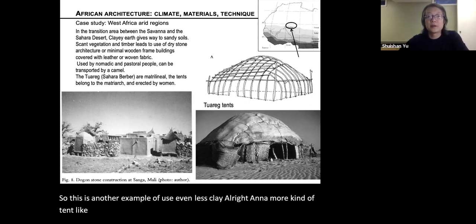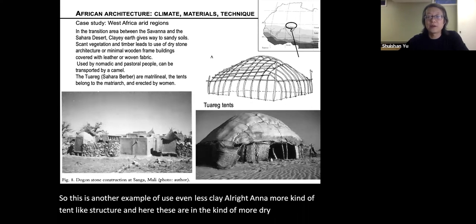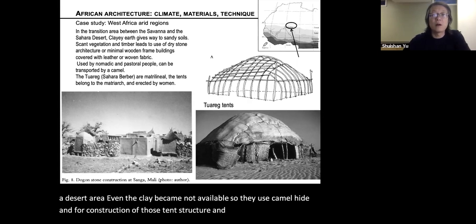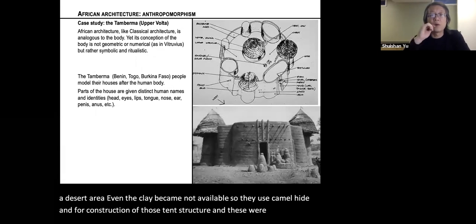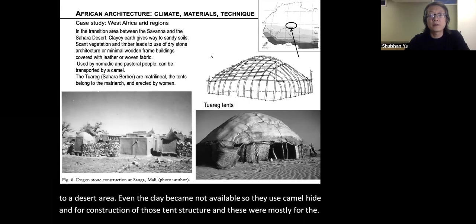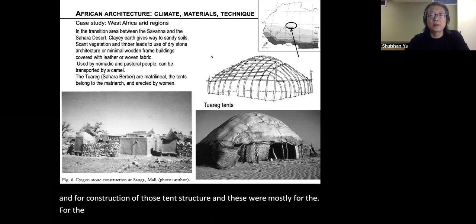And here these are in the more dry desert area. Even the clay became not available. So they use camel hide for construction of those tent structures. And these were mostly for the Sahara Berbers.